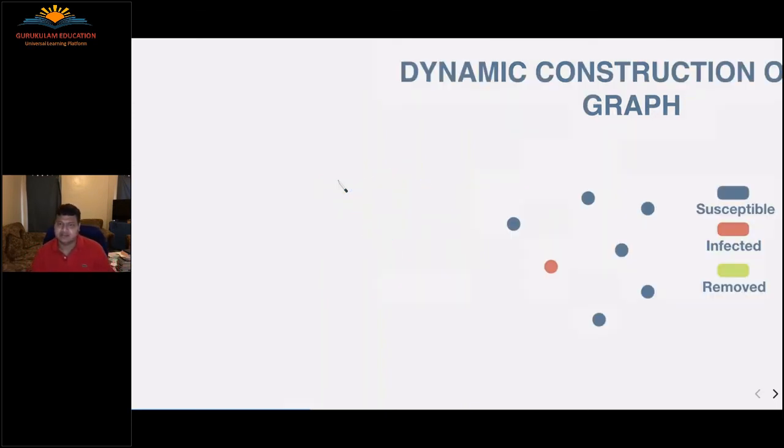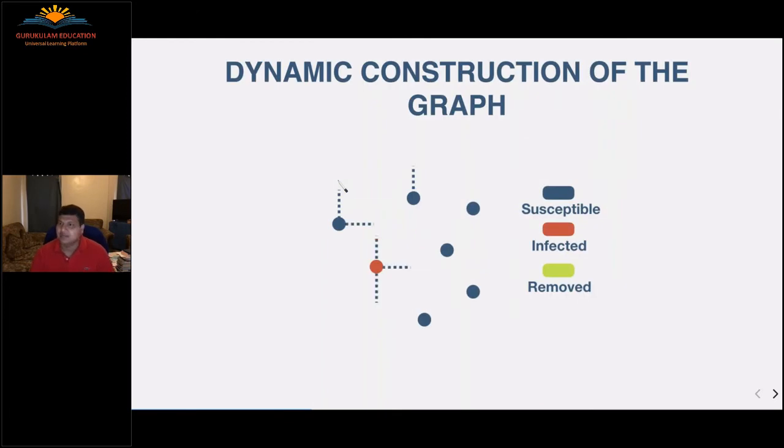The other construction is to say that I don't have the graph a priori, but what I have is the degrees and the initial statuses, and then I'll form the graph dynamically as the disease progresses. So I have the same color scheme here: susceptible, infected, and recovered. The red ones, the infected ones, pick one of their free edges, and then one more edge from the collection of all possible edges in the graph, and then pair them. So it forms a graph.